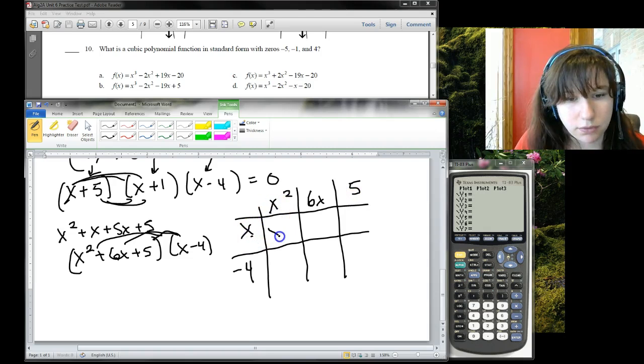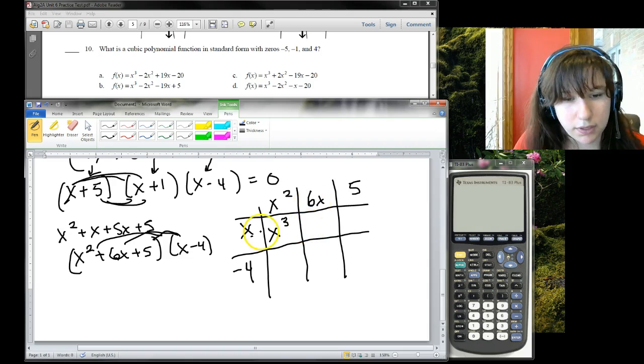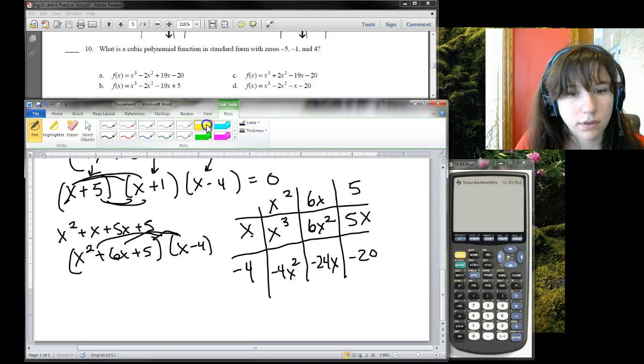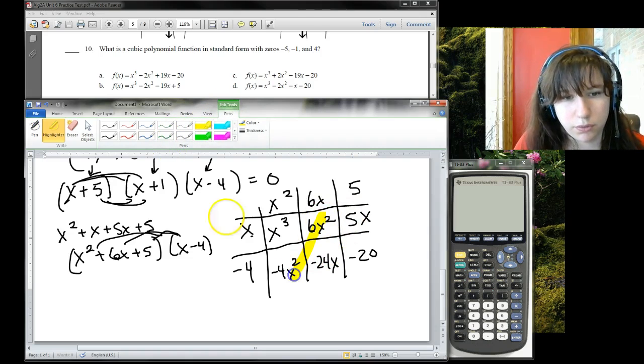So x times x squared is x cubed. 6x times x is 6x squared, and then 5 times x. And then here, x squared times -4, 6x times -4, 5 times -4 is -20. And this is nice because it shows you your like terms as well.